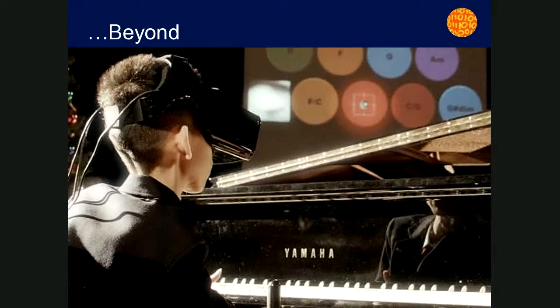This is a photo of somebody playing the piano in what looks like virtual reality. I'm not even quite sure what they're doing, but we can't even know what's coming, and we need to make these different forms of learning available to everyone. Regardless of need, we need to make all of this content accessible. That's an introduction to what I'll be talking about today.